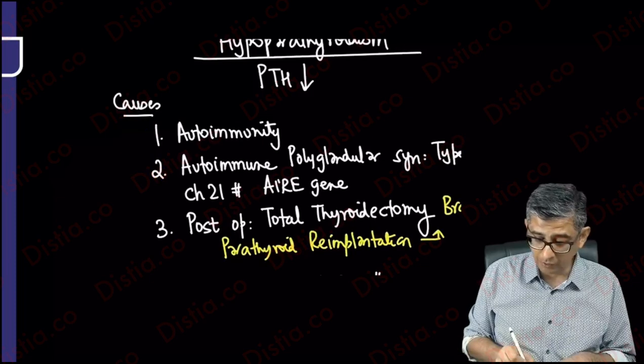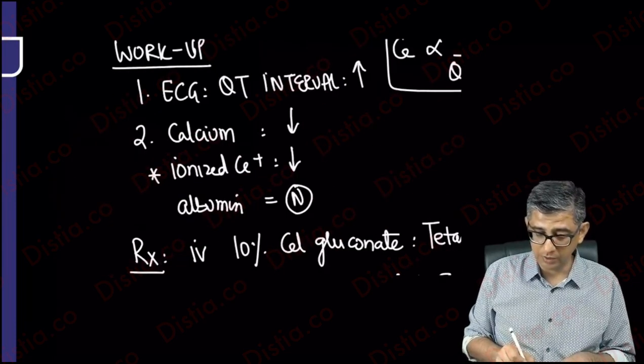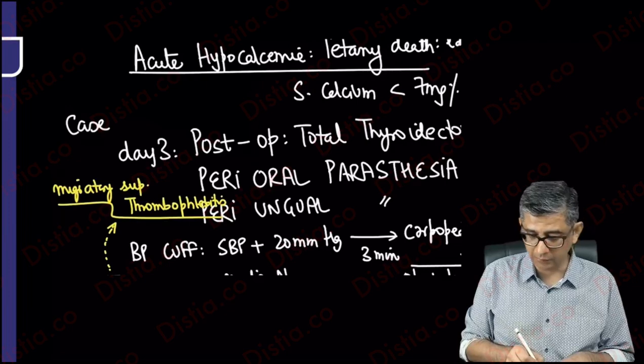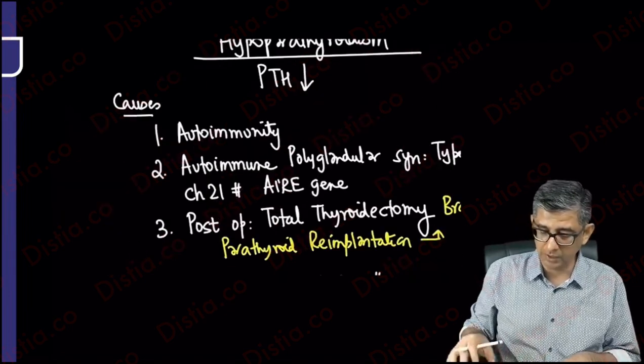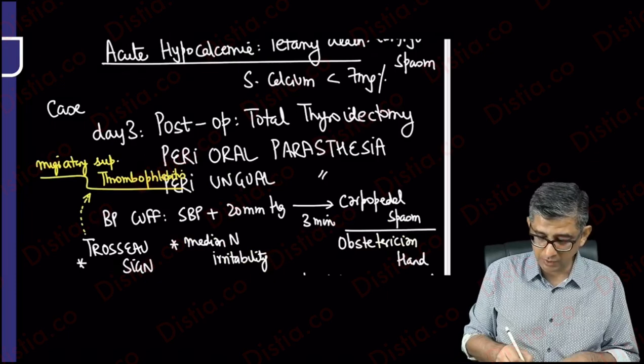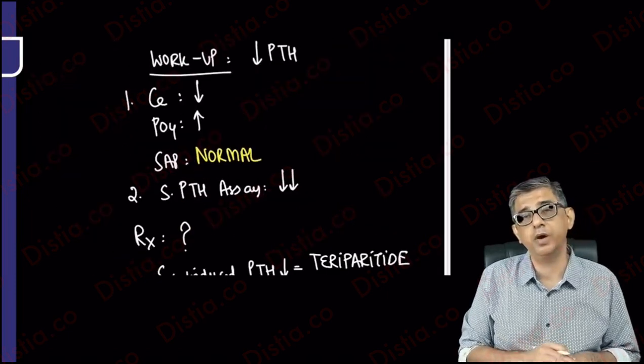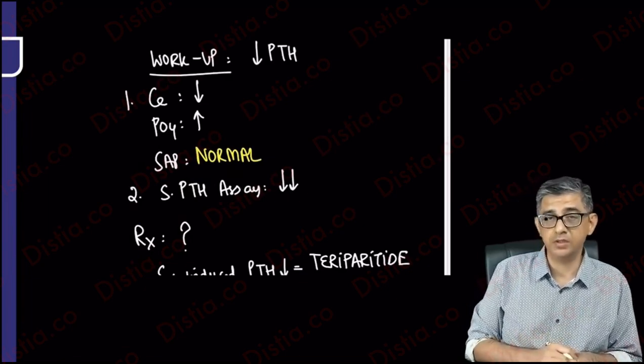But in hypoparathyroidism, there was less calcium and an elevated value of phosphate in the patient, and I'll just show that slide so that you remember it. For patients who have hypoparathyroidism, you can see here the report is different.